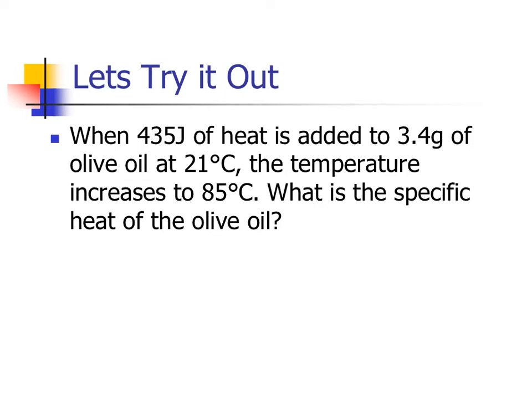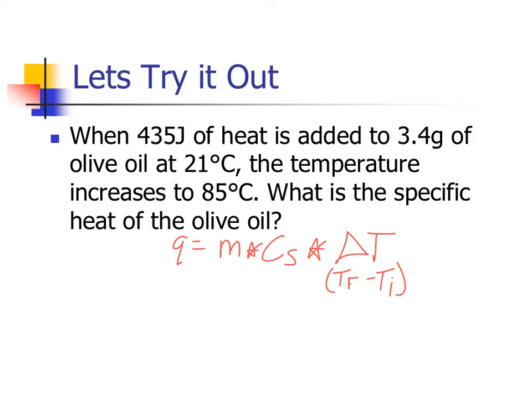So here's another little problem that we can look at as an example of how to actually calculate specific heat. And that is utilizing what we know. If we take and add things to what we have, I like to write it out, showing our equation. Q is equal to mass times C sub S times my delta T, which delta T is, again, temperature of my final minus temperature of my initial.